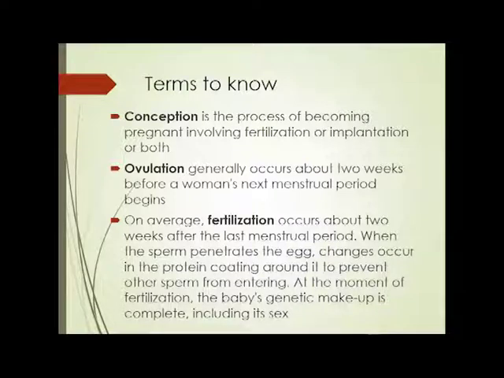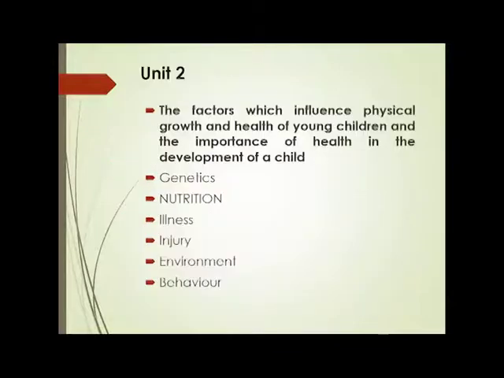When a sperm penetrates the egg, a change occurs in the protein coating around it to prevent other sperm from entering. So at the moment of fertilization, a baby's genetic makeup is complete, including its sex, whether the baby will be a girl or a boy.